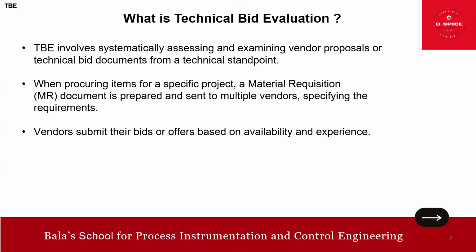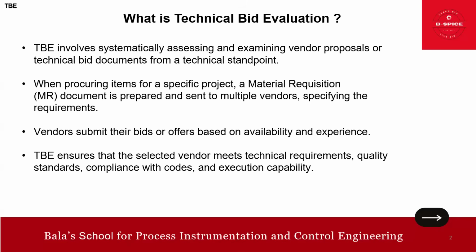I assume that you know all those. If you have any questions, you can write to me. Vendors submit their bids or offers based on availability and experience. TBE ensures that the selected vendor meets the technical requirements, quality standards, compliance with international codes, and of course the execution capability. So this is the summary, the gist actually.